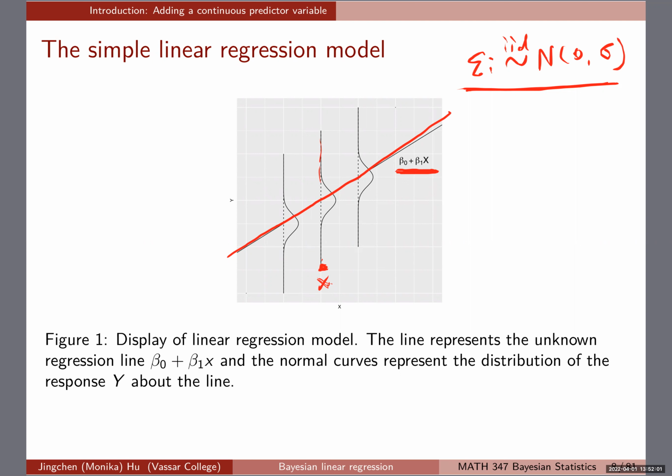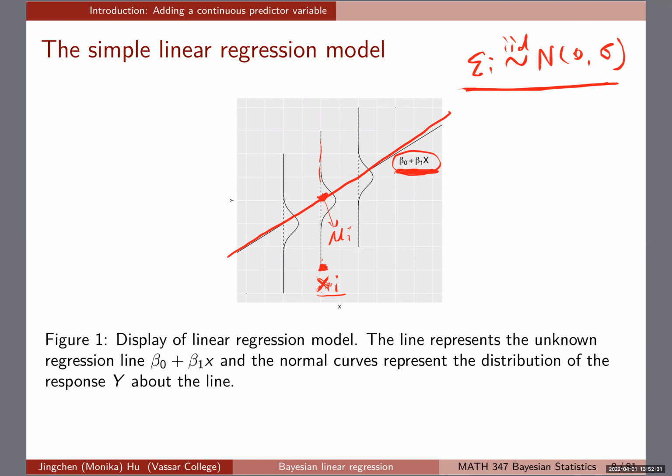So let me say that again. This is the x, for example a particular xi that I'm working with. If I plug that xi into beta 0 plus beta 1 xi, I'm going to get the mean. So that's this mu i, this particular point at the middle. But we know that observations are usually not on the straight line itself; they are around the straight line that we're trying to fit.